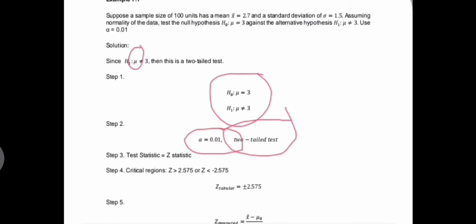The first step is to write the null hypothesis and alternative hypothesis. Step 2, the next step, is to write the level of significance and the test, where in this problem we have the two-tailed test.